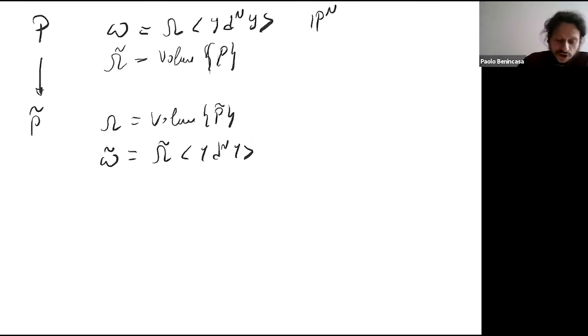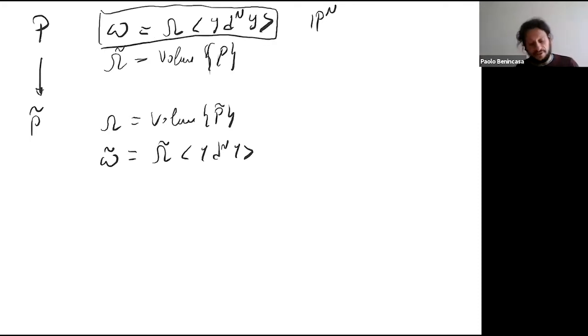Okay, so the reason for which it's convenient to think in terms of differential form and of the canonical form is exactly because of the correspondence between boundaries and singularities of the omega.